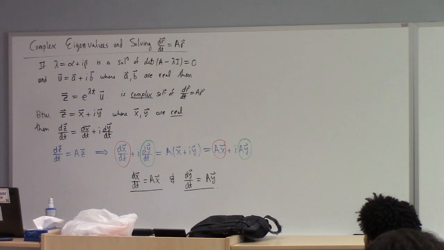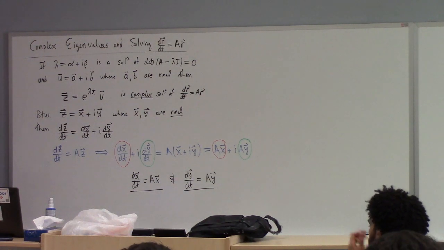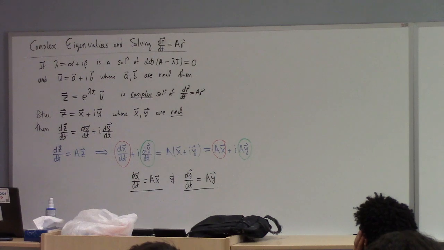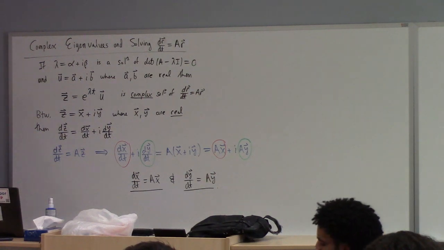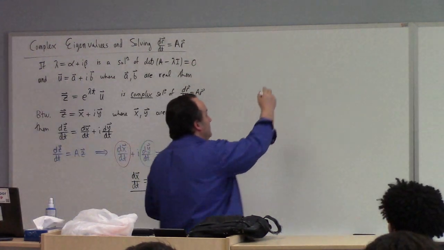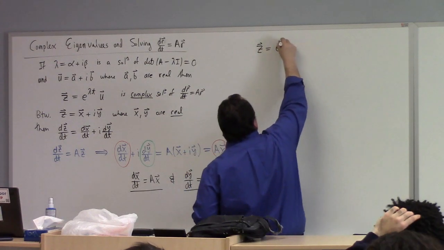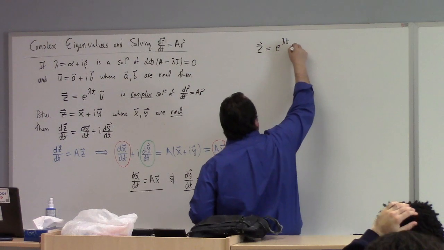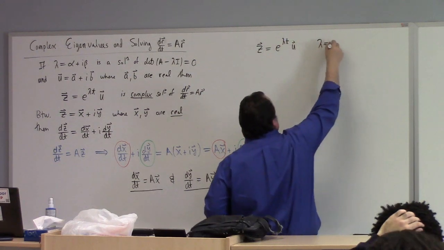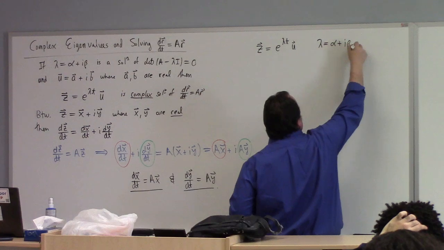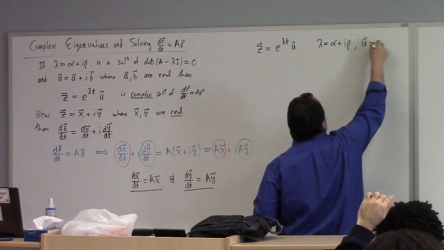And for this reason, if we're in the context of getting a complex eigenvector, what we have to do is take the complex solution and simply derive the real and the imaginary part of it. Let's do that. My z here is e to the lambda t times u, where lambda is alpha plus i beta, and u is a plus ib.